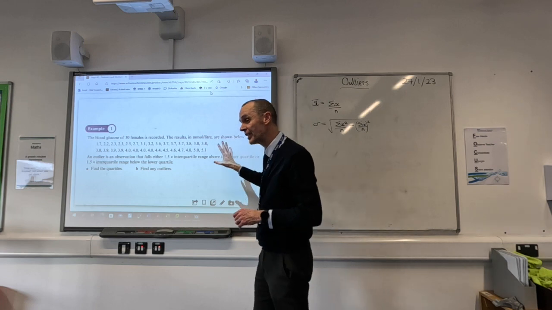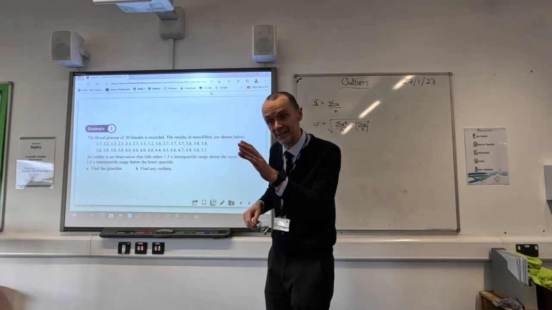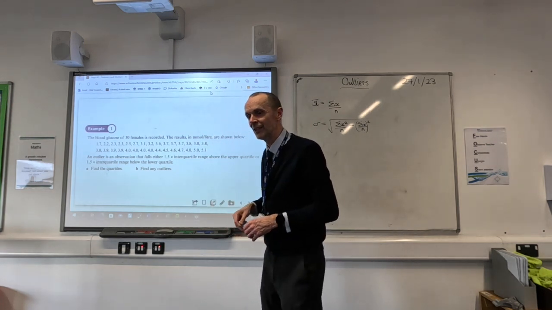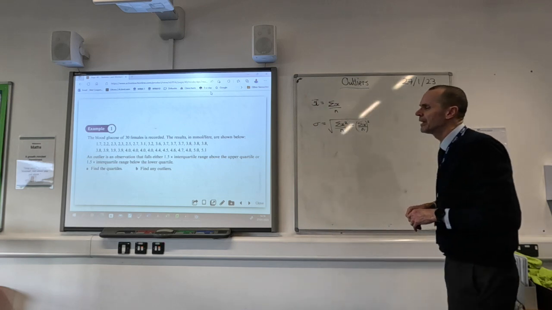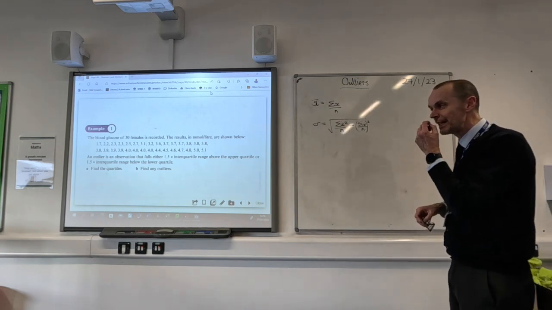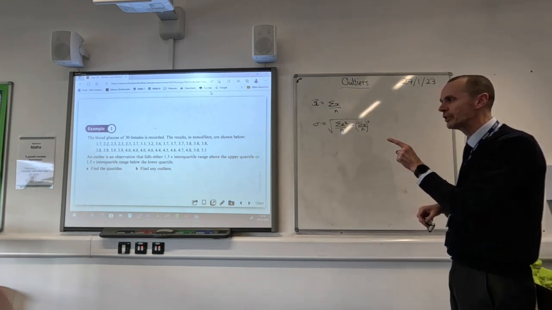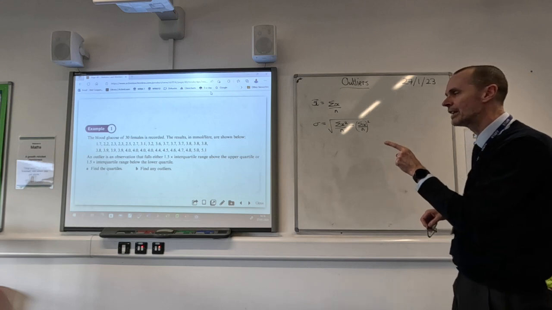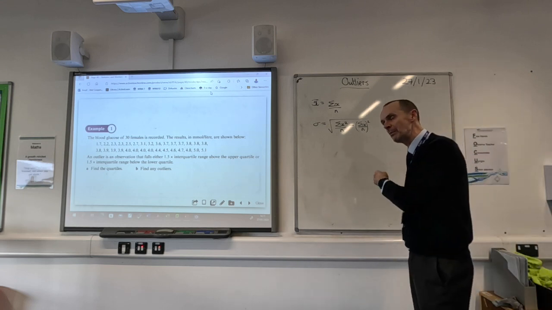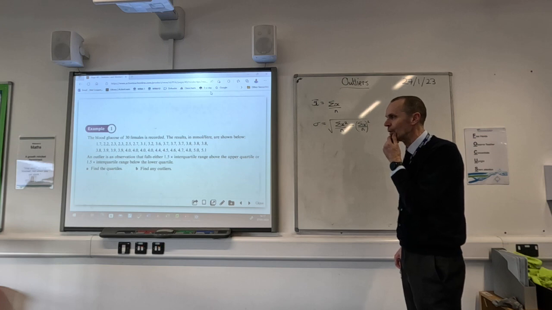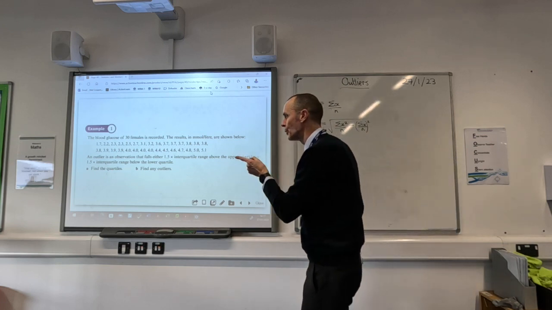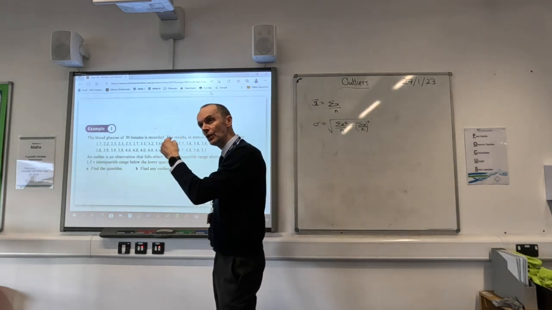So in this first example, and you've got a copy of that data at the bottom of that sheet that I gave you, in this case, an outlier is an observation that's 1.5 interquartile ranges above the upper quartile, or 1.5 interquartile ranges below the lower quartile.